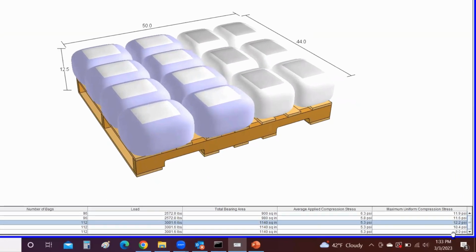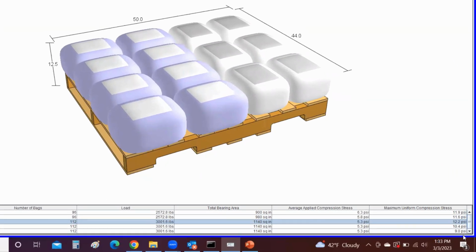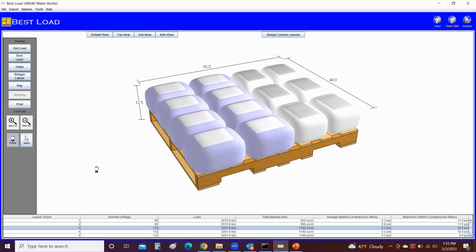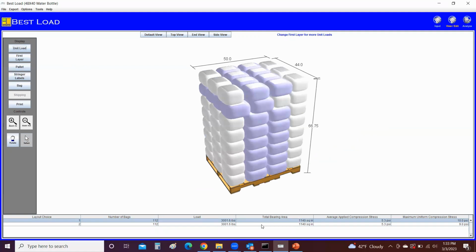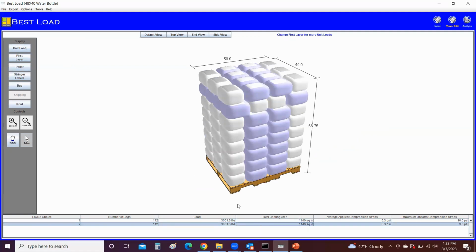And if we look in the geometric fit column, we can see there are options with lower maximum uniform stresses that maintain the amount of packaging per pallet. If we simply click on another option, we can see how the stacking pattern has been reoriented, and we can do the same for the entire unit load.